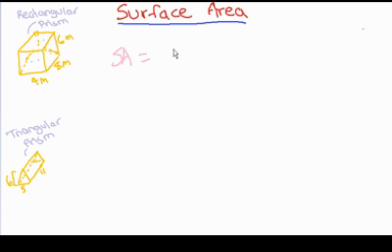So it's 2 times the area formula for a triangle, base times height divided by 2, plus there's length times width right here, LW, plus another length times width, rectangle, plus yet another rectangle, length times width. You could use that as a formula, but there's not really a formula for triangular prisms.